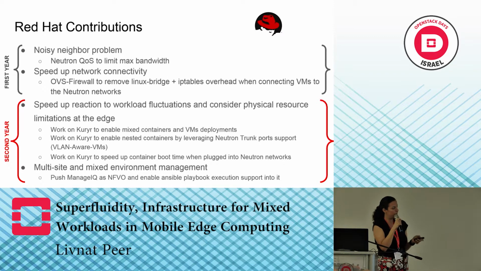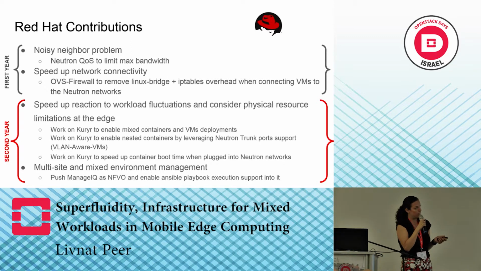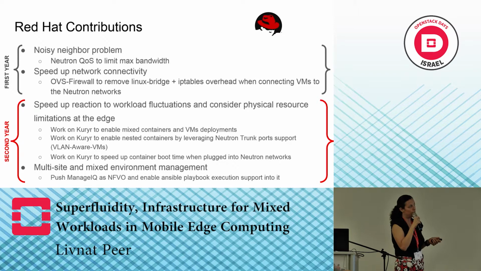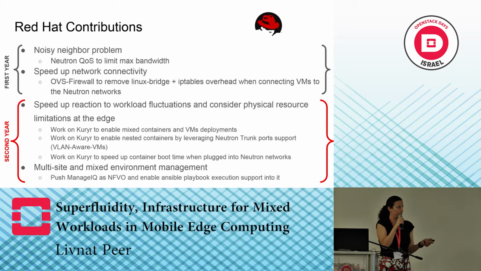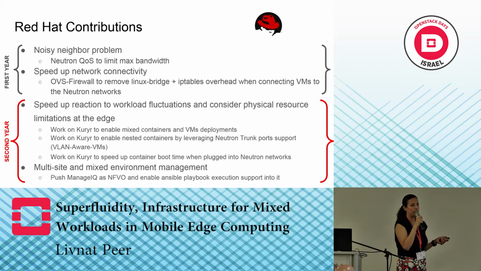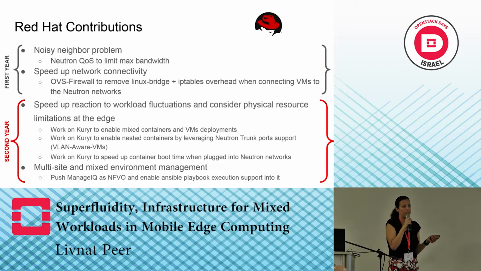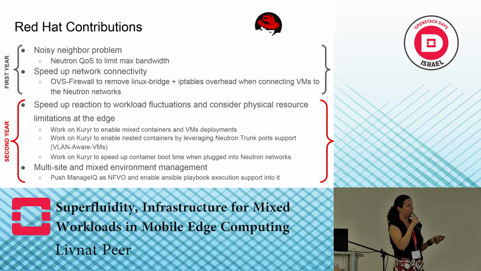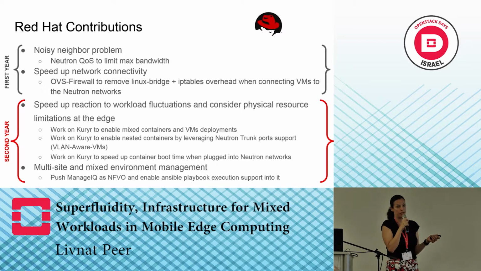Looking into the details, we found that the implementation that used Linux Bridge and iptables was pretty bad. So what we did is we developed the OVS firewall. It's available today. It is based on conntrack. I think the vision is that in the next version that will be the default. But even if it's not, you can just configure it and use it today. We definitely saw the performance gain that we got out of this. So that was the second contribution that we did.